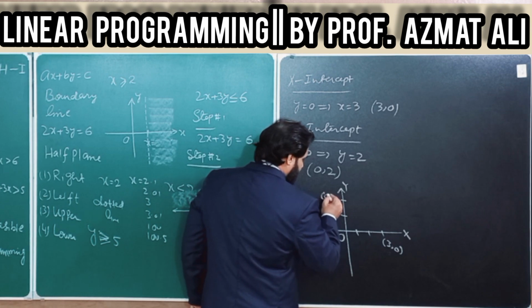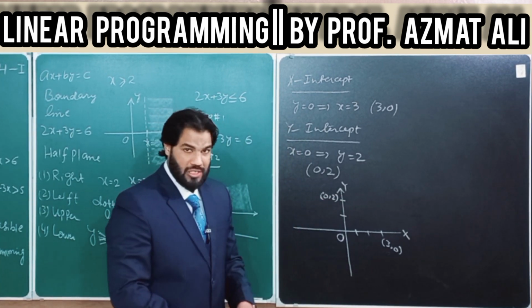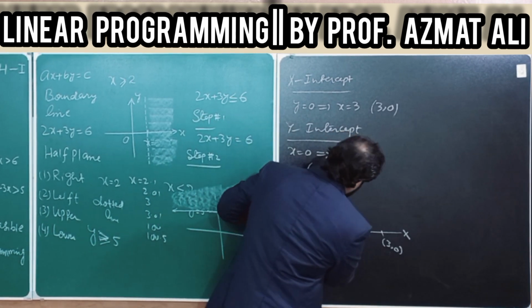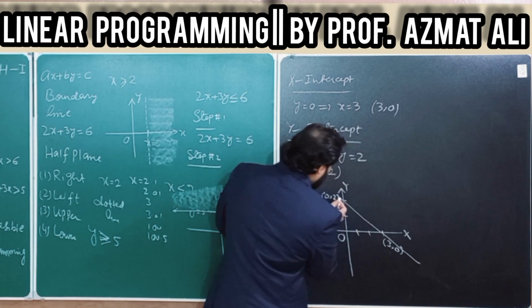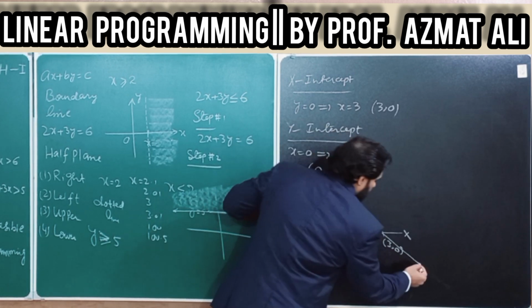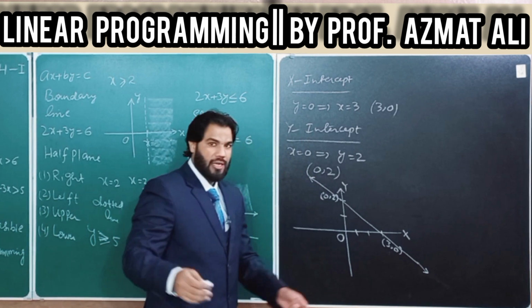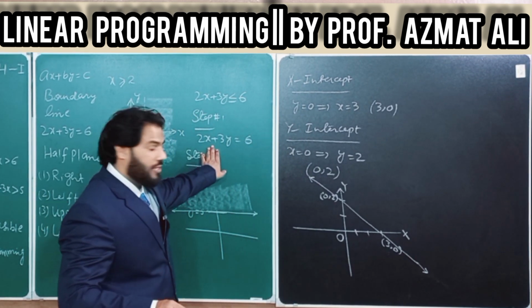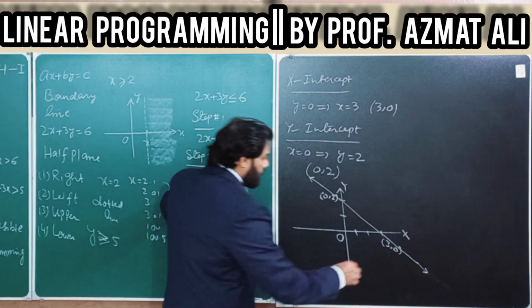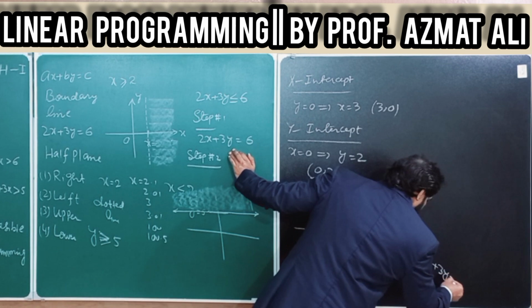This is x 0, y 2. By joining these two points, we get this boundary line that actually represents the graph of this straight line 2x plus 3y equal to 6.